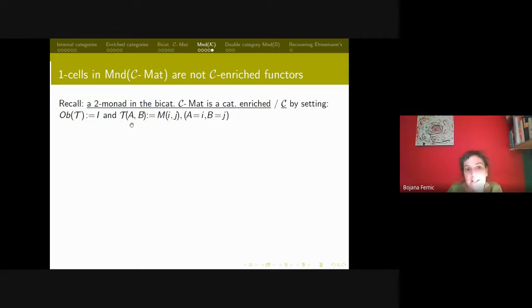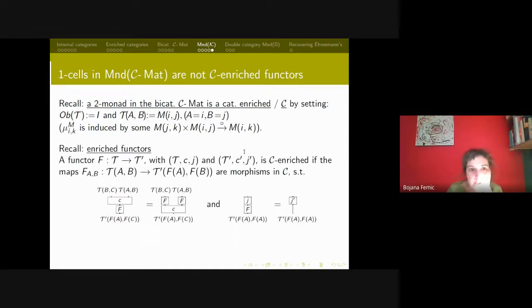The tau(A,B) was this matrix M_ij as an object in C, with these morphisms, this circle playing the role of the composition on the matrices. And enriched functors, this is just a repetition of what we saw before, need to satisfy these two diagrams or axioms.